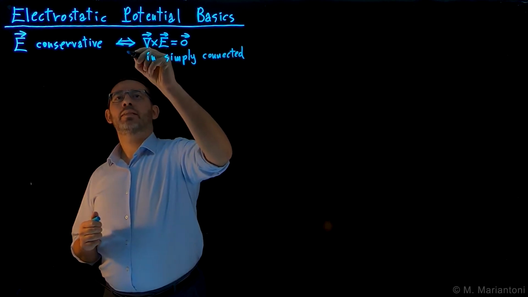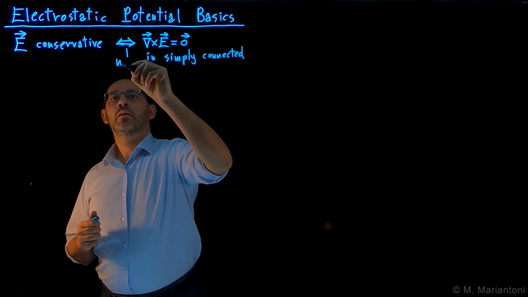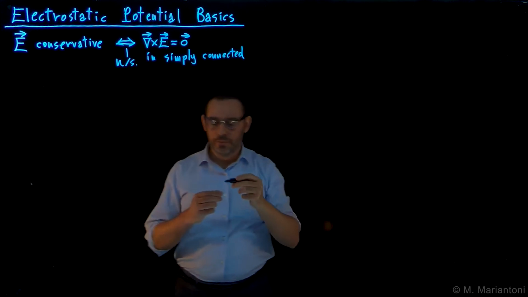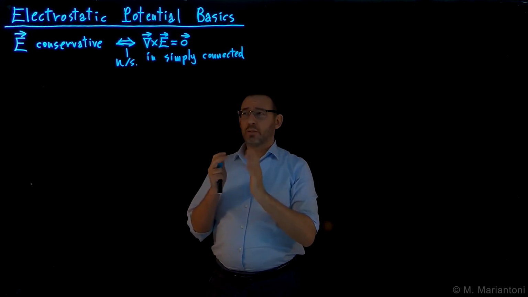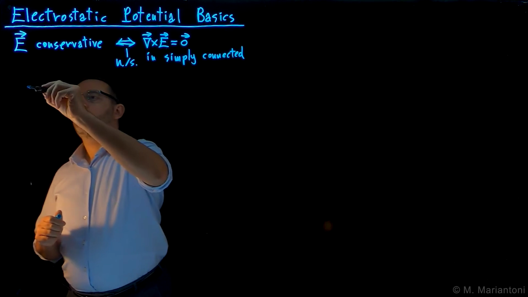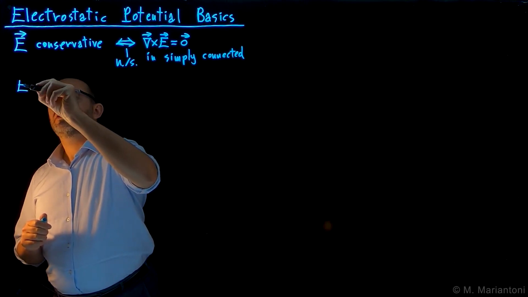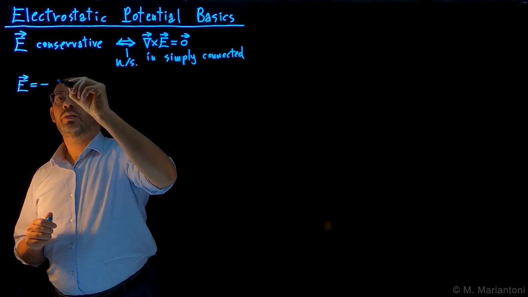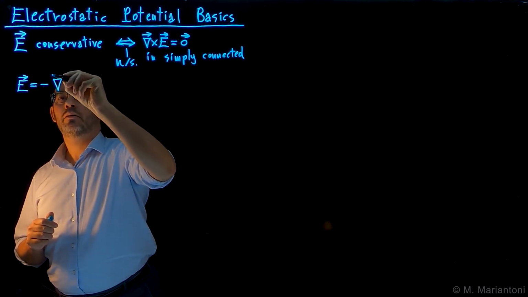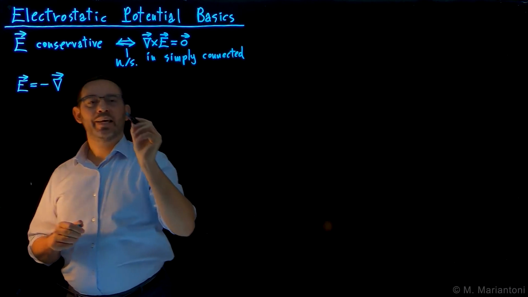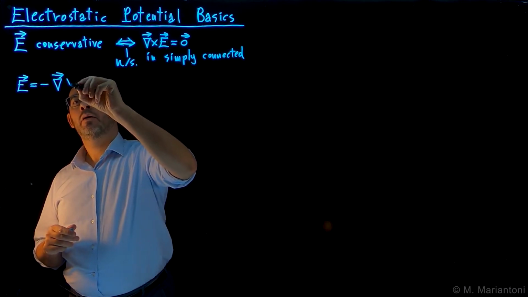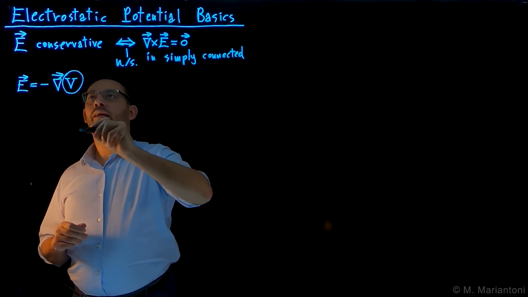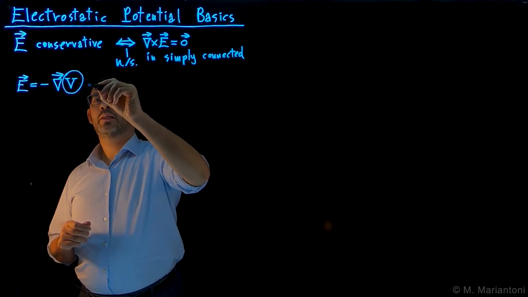This is a necessary and sufficient condition, if and only if. Under these conditions, E can be written as minus the gradient of a scalar field, capital V. This scalar is what we call the electrostatic potential.